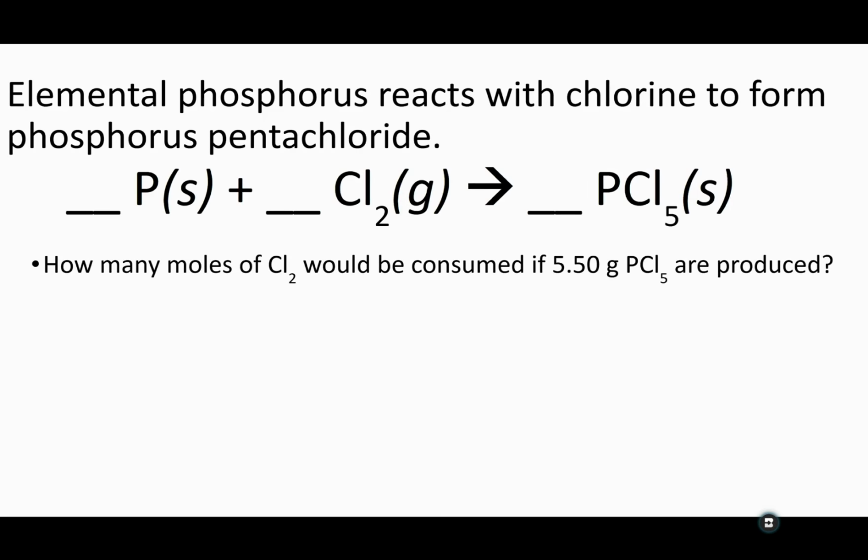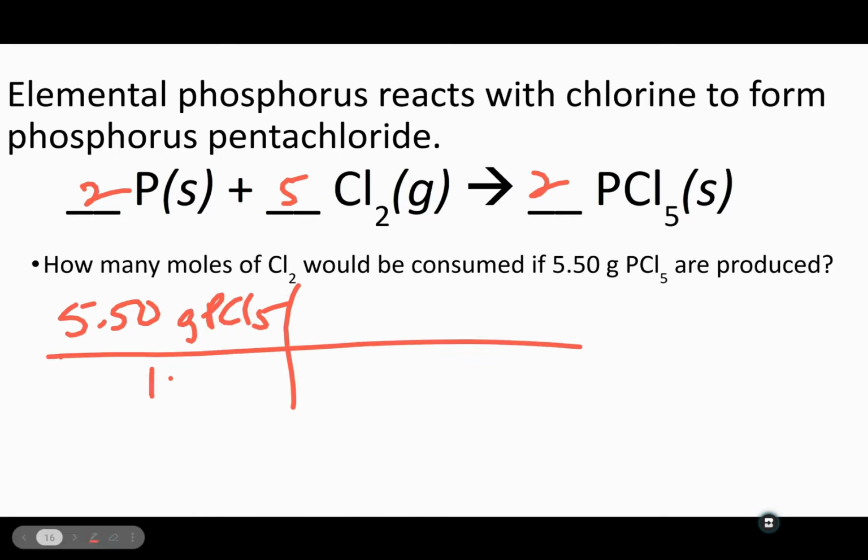Elemental phosphorus reacts with chlorine to form phosphorus pentachloride in the following reaction. How many moles of Cl2 will be consumed if 5.50 grams of PCl5 are produced? So 252. Okay, so my starting fraction is 5.50 grams of PCl5. Grams to moles of a different thing, it is 3 steps.